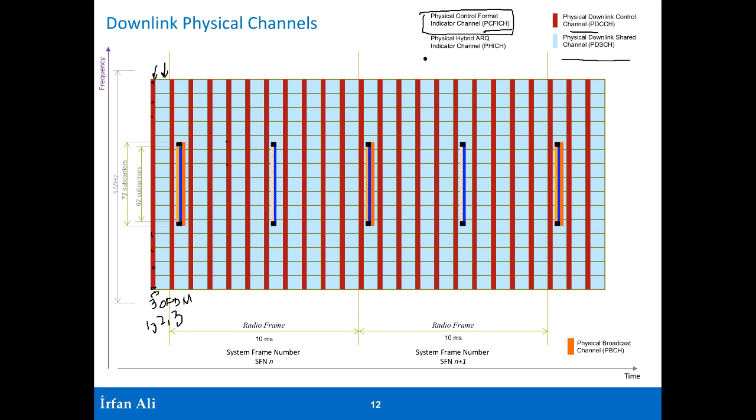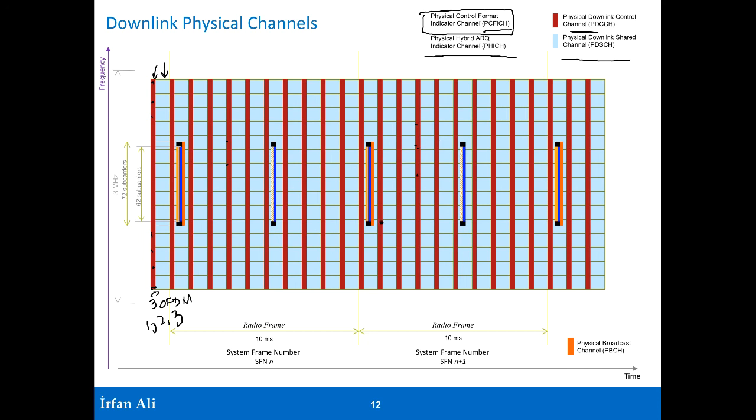In addition, as we had said, the MIB had provided some information about this physical hybrid ARQ indicator channel, and we will not be going into too much detail in the physical layer, so we don't have to bother about what exact information it provides. But that again is in the very first OFDM symbol in specific places that the mobile knows it should go ahead and read.